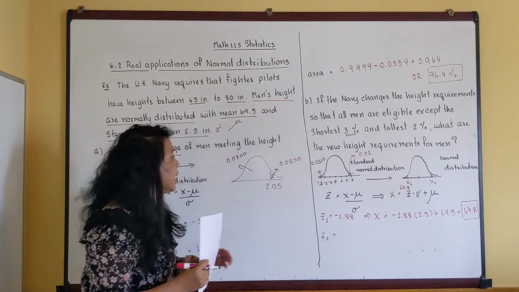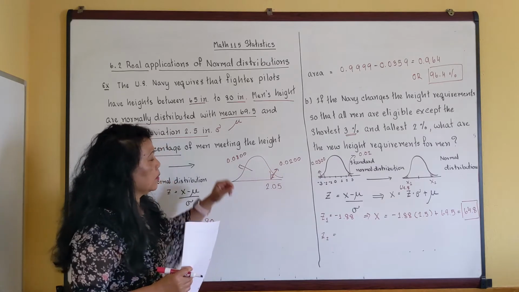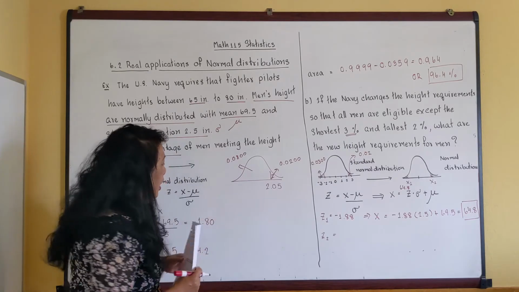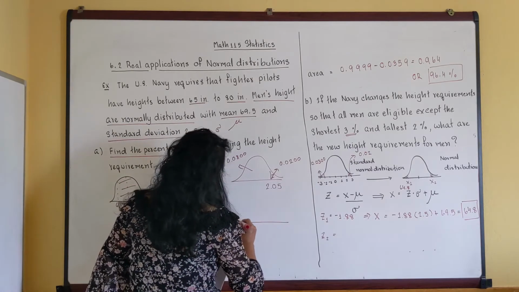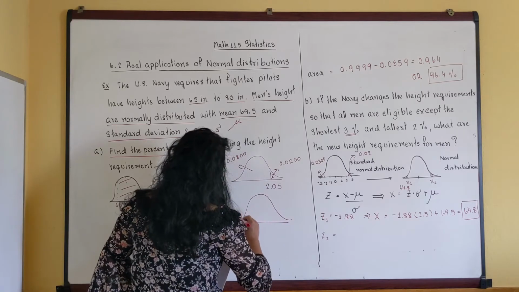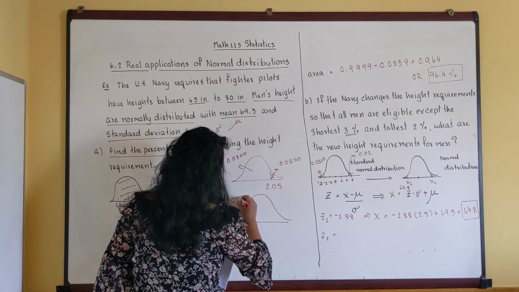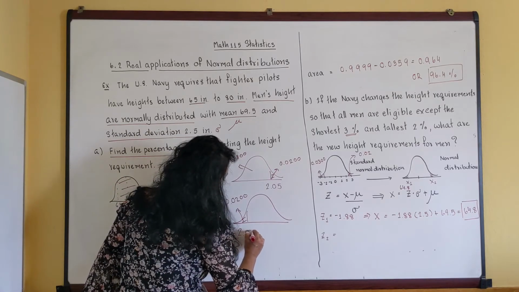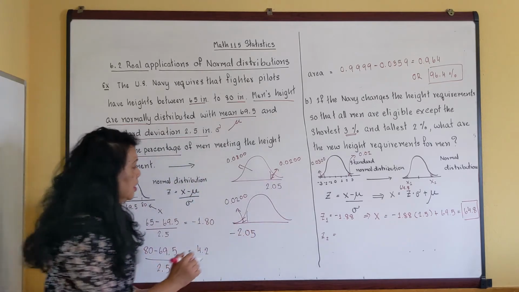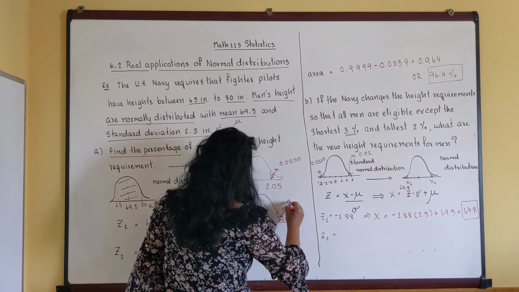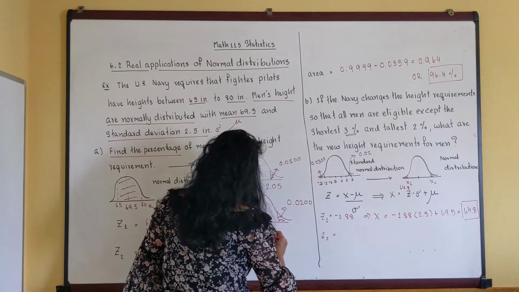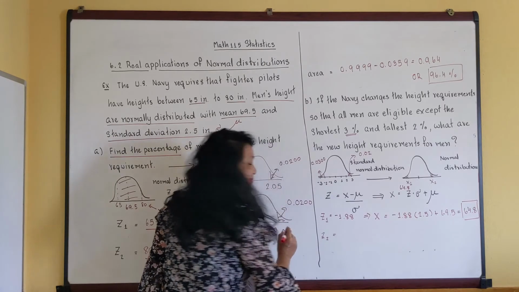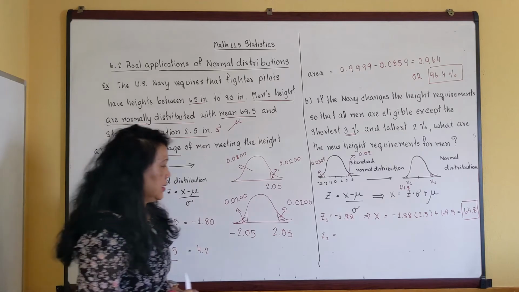Because they give you the area to the right and you want the area to the left, you subtract it from 1 and then use that to find the z-score. Another way, you can take advantage of symmetry. You look on the left for 0.0200 or something close to that. The z-score is negative 2.05, and because of symmetry, the right-hand side area 0.0200 will be the same but positive, 2.05. Either way, you get the same number.